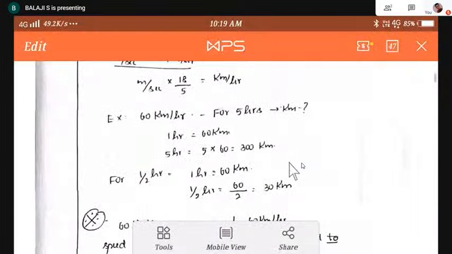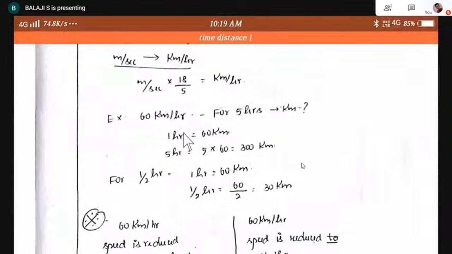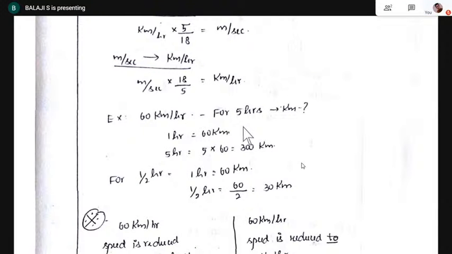For 1 hour the car is traveling 60 kilometers. For 5 hours, how many kilometers will it travel? The same cross method. For 1 hour the car travels 60 kilometers. For 5 hours, it is 5 into 60, which is equal to 300. If you put x here, x equals 5 into 60, which is equal to 300 kilometers.